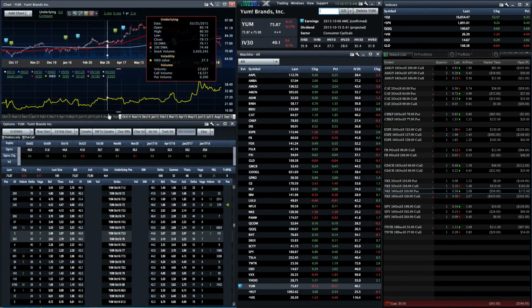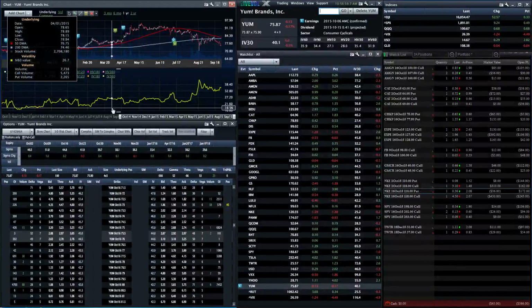I mean, we've seen it down as low as right here, 18, as high as 42. But if I had to draw the median, the average across the board, I'd say 24 or 25.